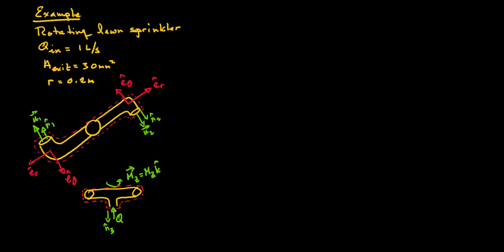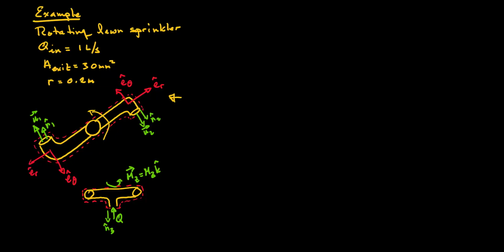Okay, so we've set up our control volumes here. In this image over here, we're looking at the sprinkler from above, and we have the control volume rotating counterclockwise. And because it's rotating in the counterclockwise direction, we have a coordinate system defined by unit vectors in the radial and tangential direction, r and theta respectively.